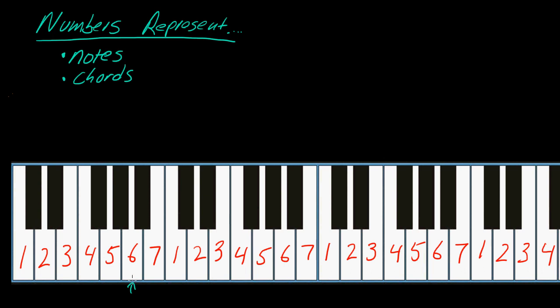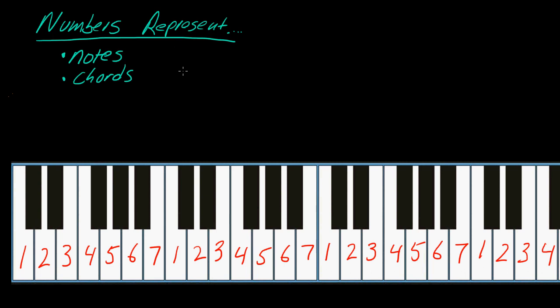But a 6th chord has notes built off of that 6th note. But it can kind of get confusing. You just need to know that when you say a number, it could also represent the note as well as the chord. Okay?